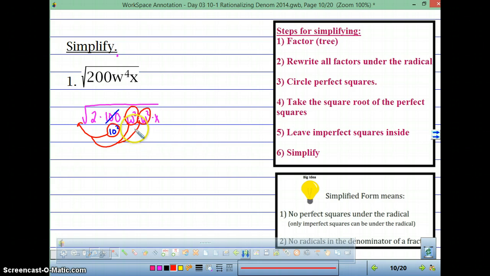Just to be clear, we're not really taking the perfect square out from under the radical. What we're really doing is taking the square root of the perfect square out from under the radical. So we end up with 10 from here times w times w. So that's going to be w squared.